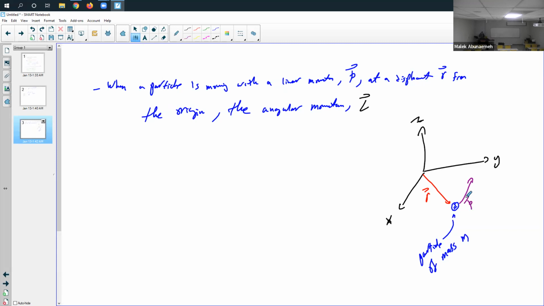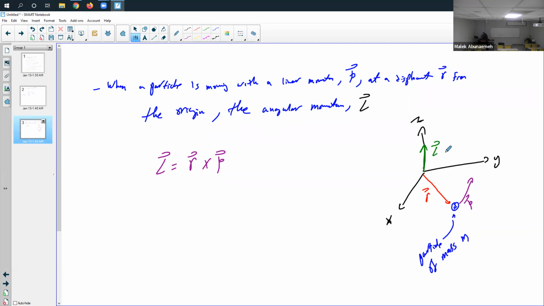Now, your angular momentum is going to equal your displacement cross your linear momentum, so you get this one cross this one.